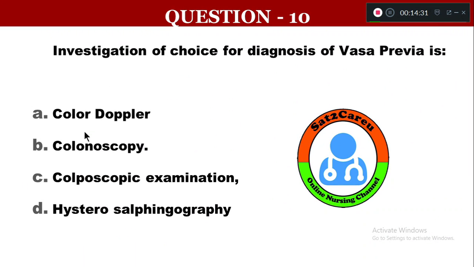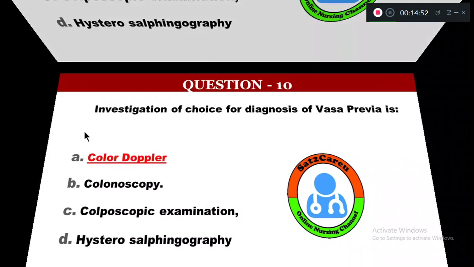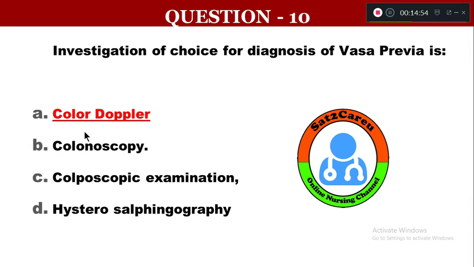Question number 10. Investigation of choice for diagnosis of vasa previa is option A, color Doppler, B, colonoscopy, option C, colposcopic examination, option D, hysterosalpingography. To diagnose the vasa previa, we need to go for color Doppler. Option A is right.